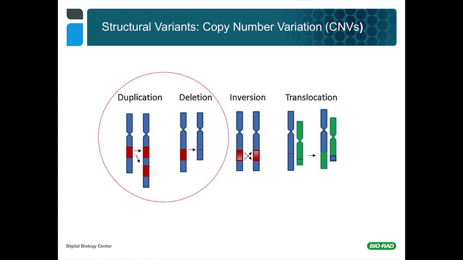And as you're probably aware, in the last 10 years or so we've become increasingly aware of the large fraction of the human genome which appears to have amplifications and deletions occurring across the genome.